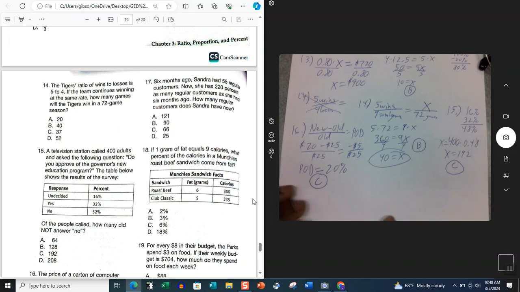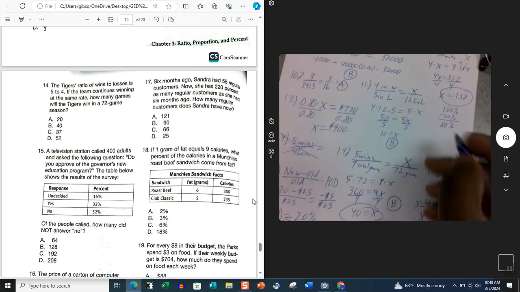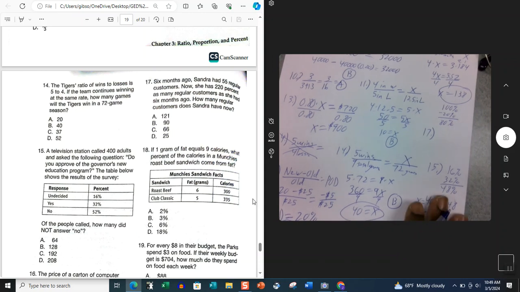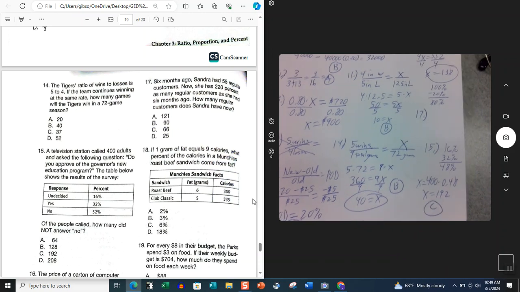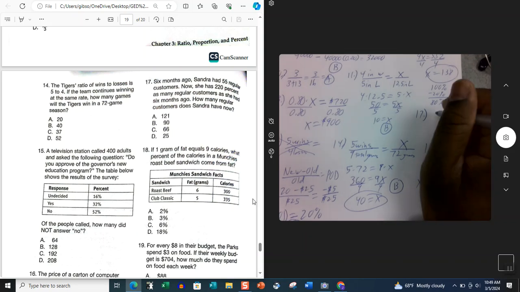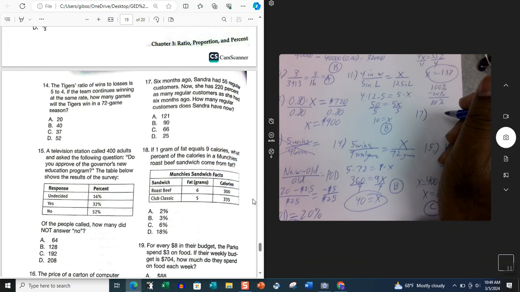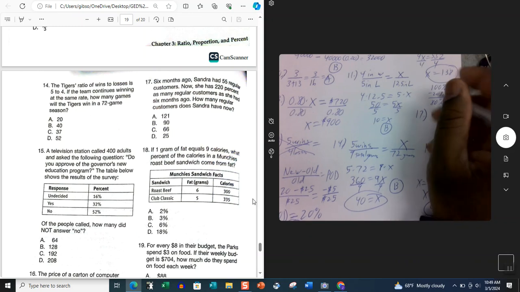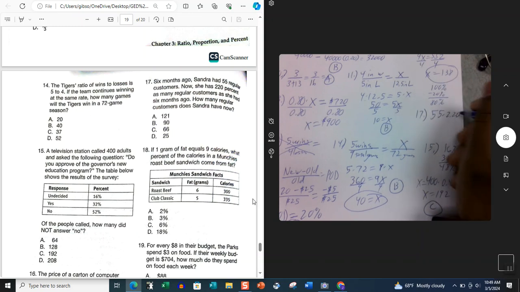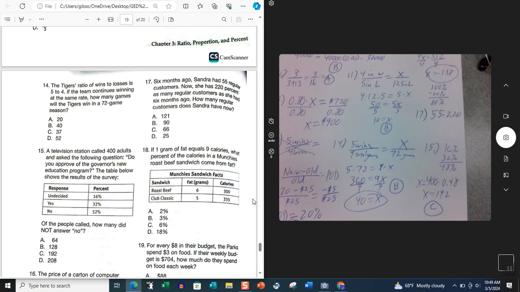So what we would do for problem 17, she has 220% more. So, well, 220% is her regular customer base now. So what we would do is we would take this 55 and multiply it by 2.20, because 220% is 2.20.